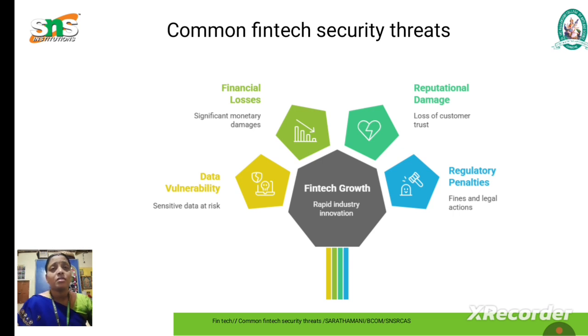The third threat is DDoS attacks. Okay, distributed denial of service. It involves overwhelming a system or network with a flood of traffic, making it unavailable to legitimate users. The attacks can disrupt fintech services and cause significant financial losses. The impact can lead to service outages, customer dissatisfaction, and reputational damage.